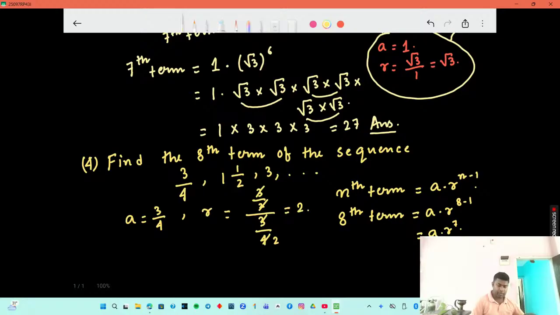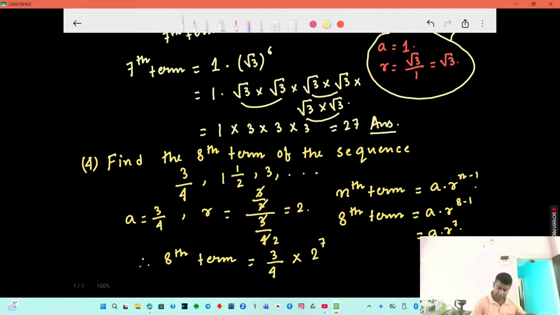So the value of the first term is 3 by 4 and the common ratio is 2. Is it clear? Therefore, the eighth term is equal to 3 by 4 into 2 to the power 7.